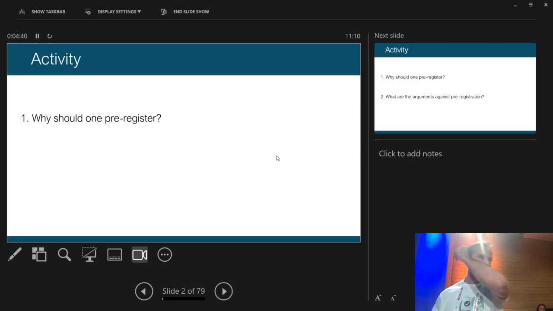That then becomes time-stamped and set in stone. So once you've submitted it, that's what it is. You can only make it public after a certain period of time, but it is time-stamped for the time that you actually submitted it. You then collect your data, you analyse it, you write it up as a paper, and you submit to a journal as you normally would.